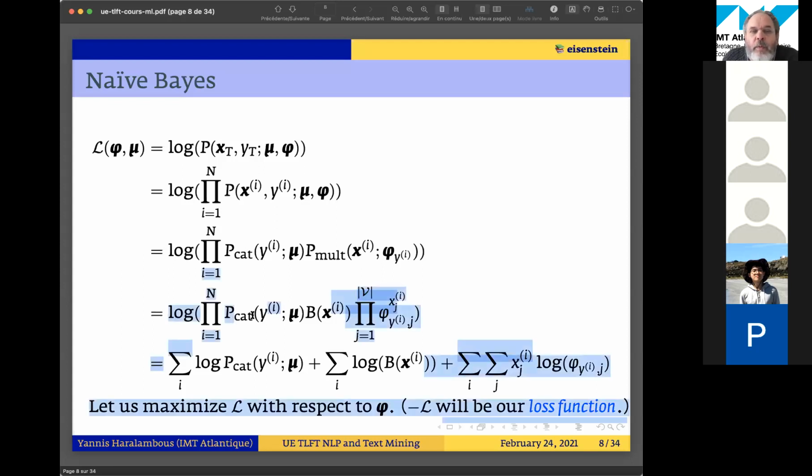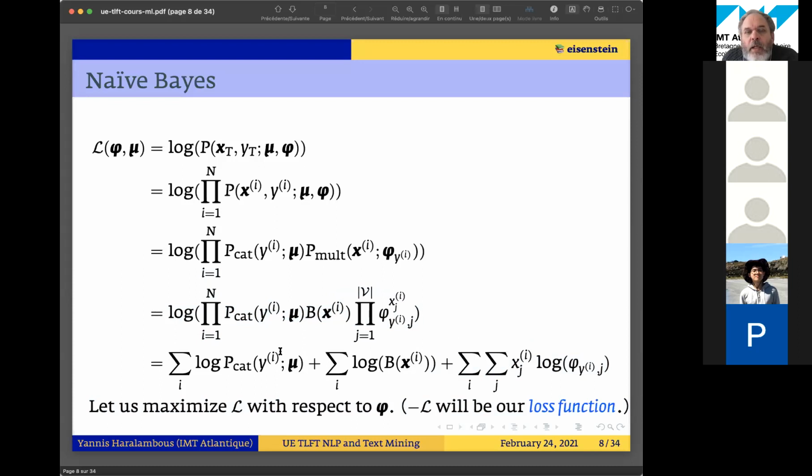The log of a product is the sum of the logs. So here I have the log of the product of the categorical probabilities. So this product becomes a sum. Here I have the sum of all the b(x_i)'s, and these are just multiplicative factors.